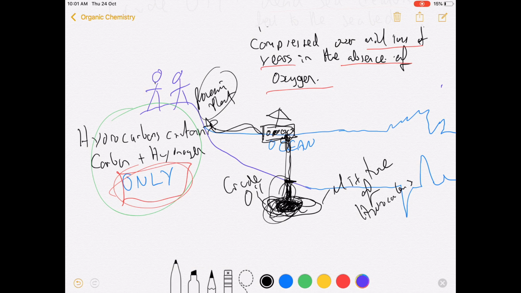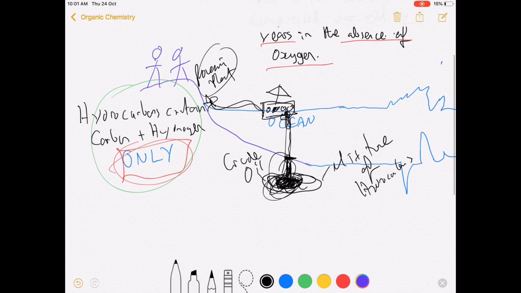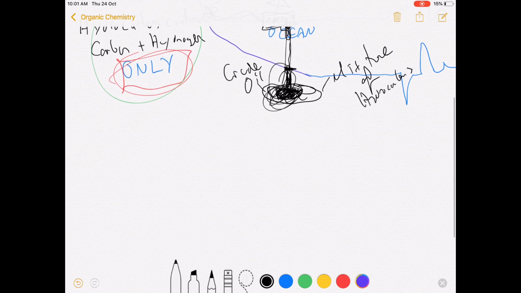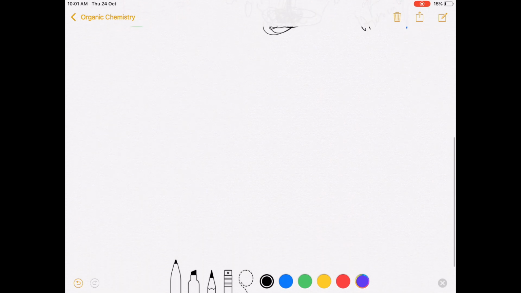Then it gets to the processing facility where the hydrocarbons containing carbon and hydrogen only are separated. So how do we separate crude oil into its component parts? Well, each part is a different molecular weight, molecular size, or chain length, or however you want to put it.